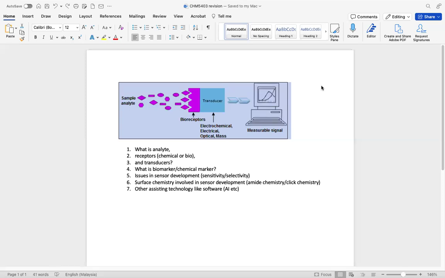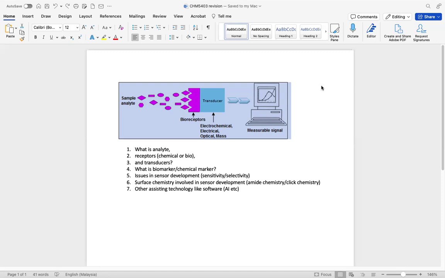Not in all conditions can we have access to the machines. For example, if we have a remote area, or a pandemic, we need something portable that, even though it is portable and simpler, is still reliable for detection.